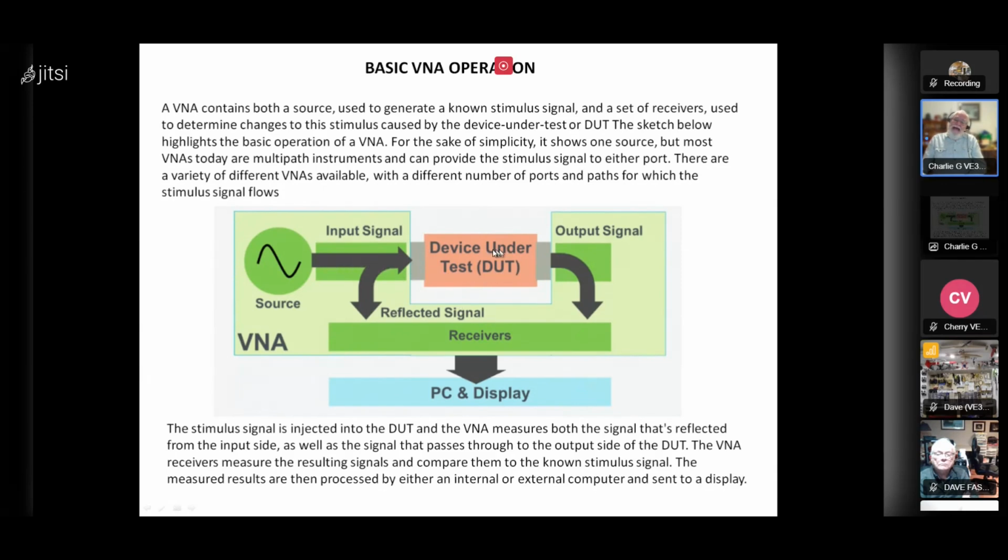Or if it passes through the device under test, then there's a receiver that looks at how that signal's been modified. And that information gets fed into some kind of compute device. Could be a device on the actual VNA box, or it could be an external PC and display.